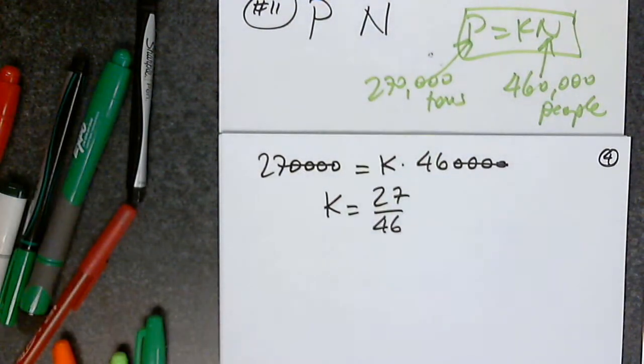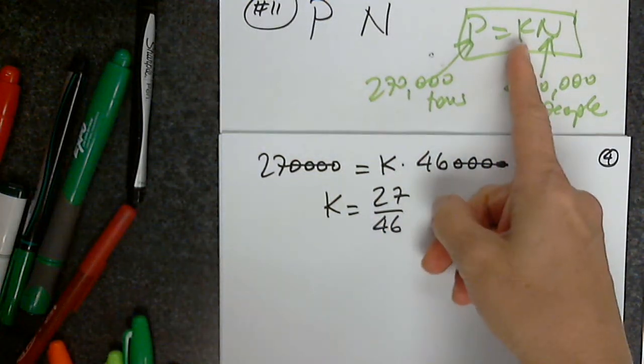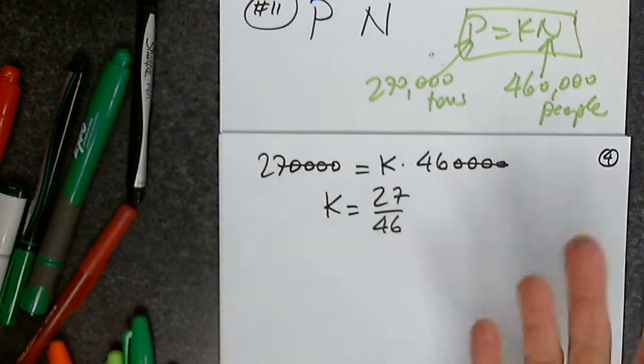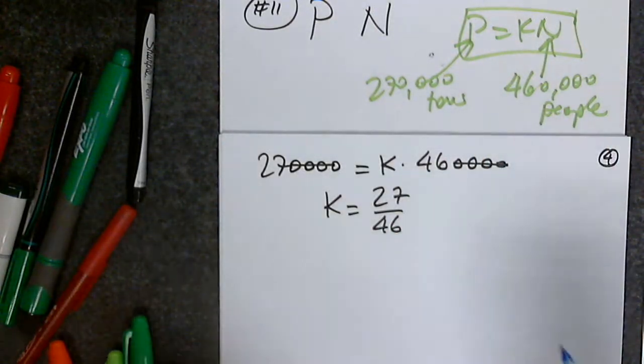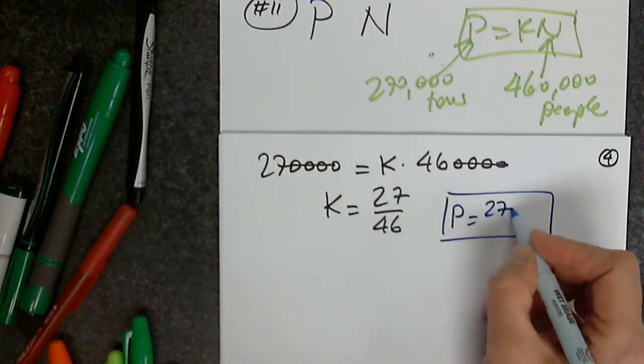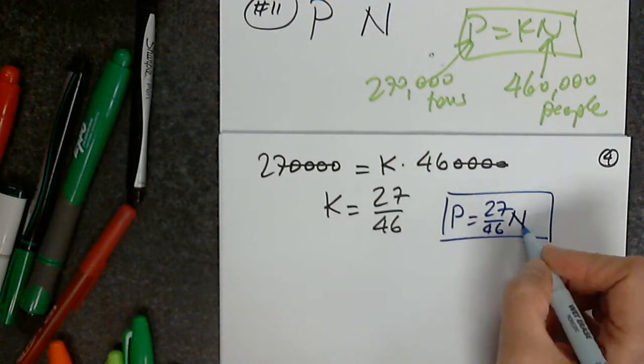I don't need to spend time trying to find it in approximation. This is good enough. This is the constant, whatever it is. But I have to put it back in the equation. I determine the constant from the given information, and now I know for sure this is the relationship. P equals 27 over 46 multiplied by N.